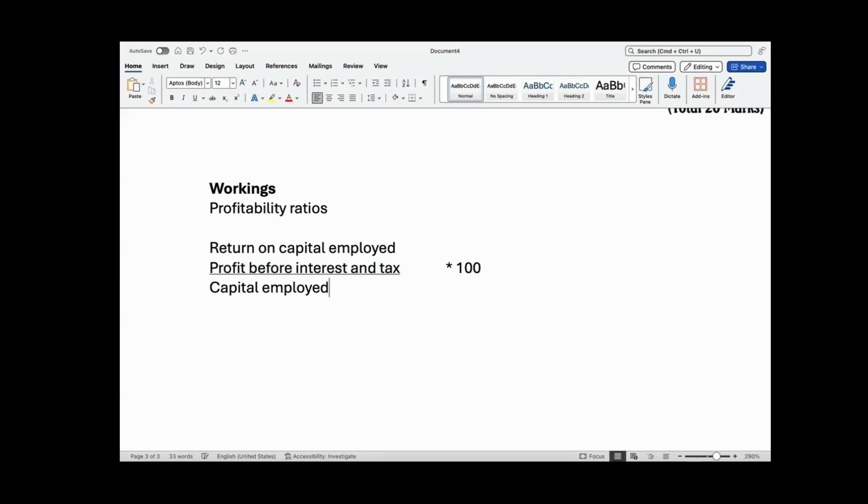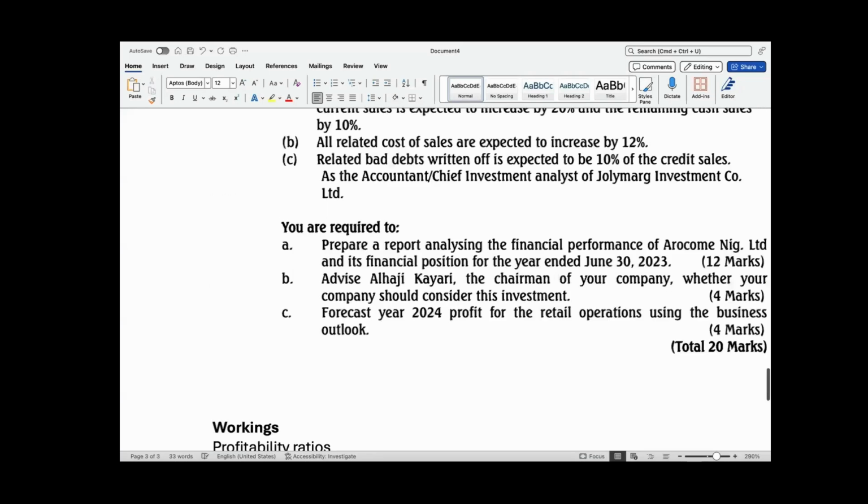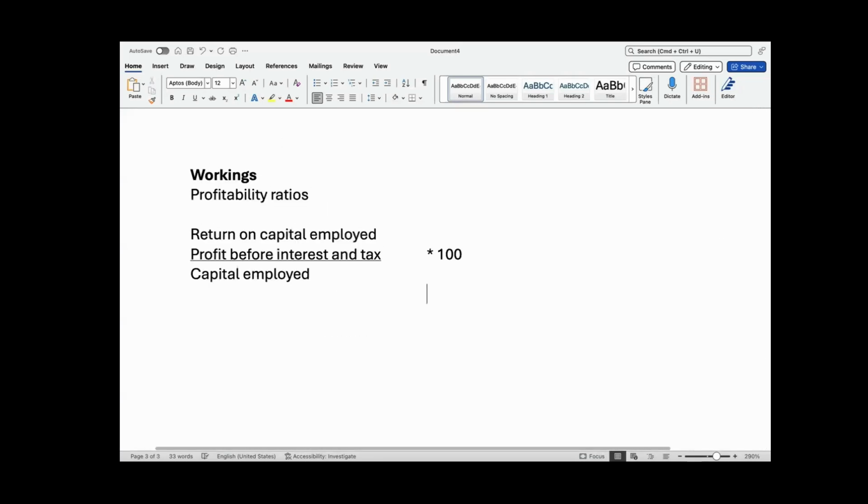They want us to compute for 2 years because we have 2 years of reports, 23 and 22. So we have to compute for 2023 and 2022.